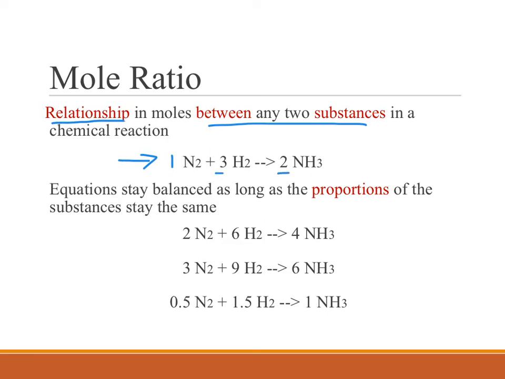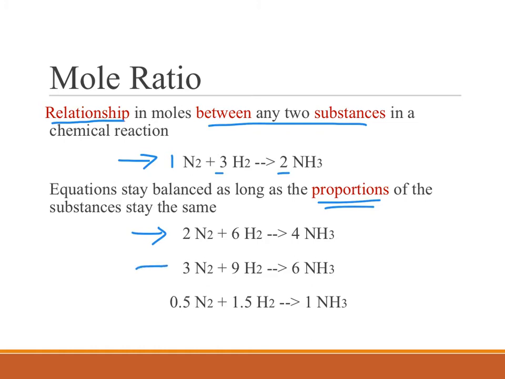But the equations are still balanced as long as the proportions remain the same. So if we just double everything and say 2 molecules of nitrogen gas plus 6 molecules of hydrogen gas will give us 4 molecules of ammonia, it is still a balanced equation. We've just increased the proportions. We've doubled it.